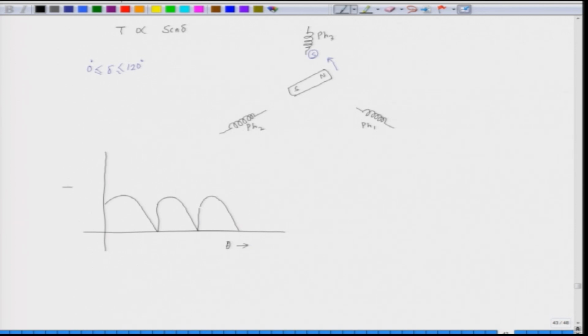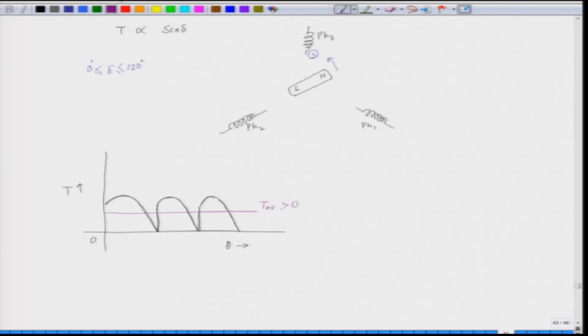So, this is the torque versus theta, theta is the rotor angle, and this is the torque that we get, the output of the motor, and since this is a positive torque, the average of this value is positive. So, T average is positive.